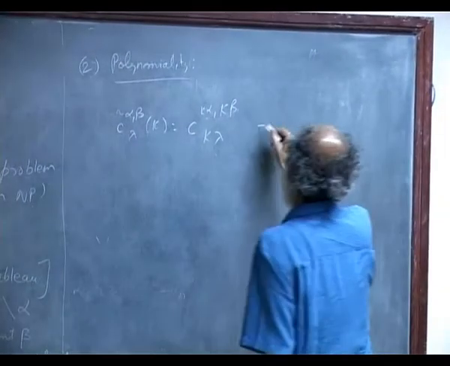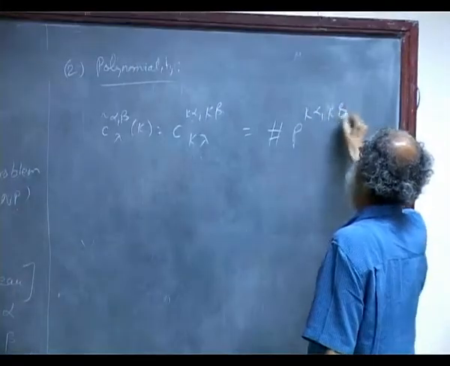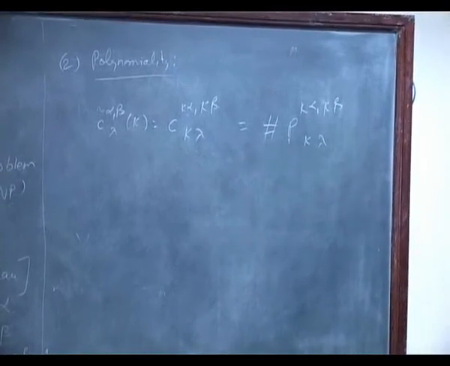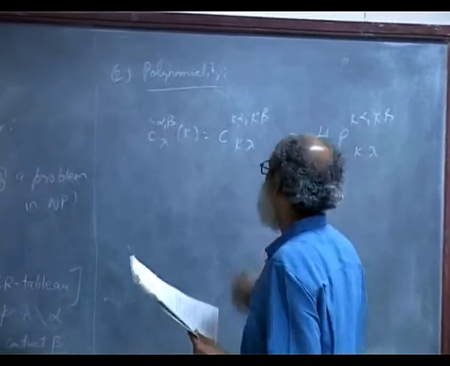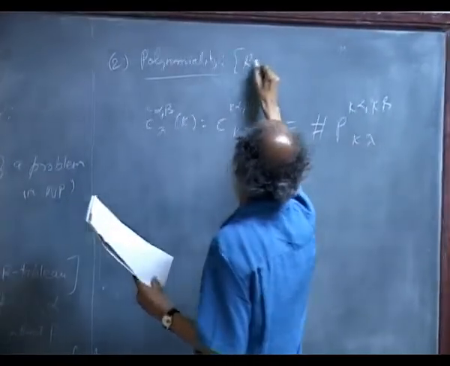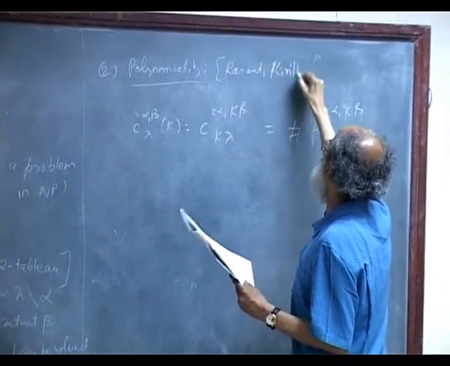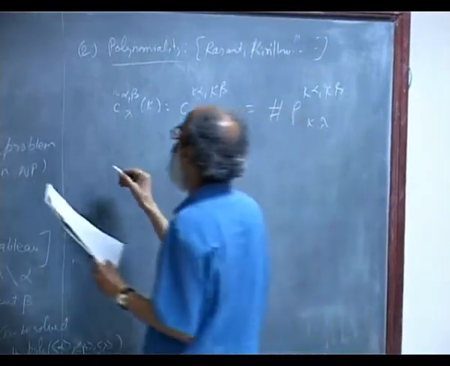So this is the same thing as the number of integer points inside P of k alpha, k beta, k lambda. And Rassart, also Kirillov, and many others showed that this is actually a polynomial function.